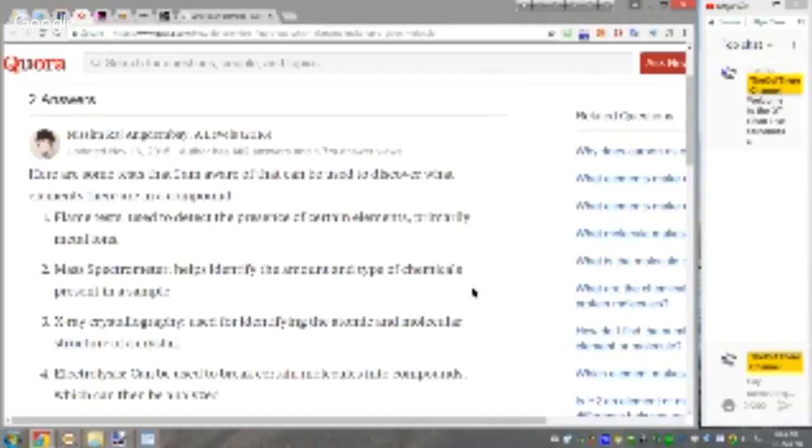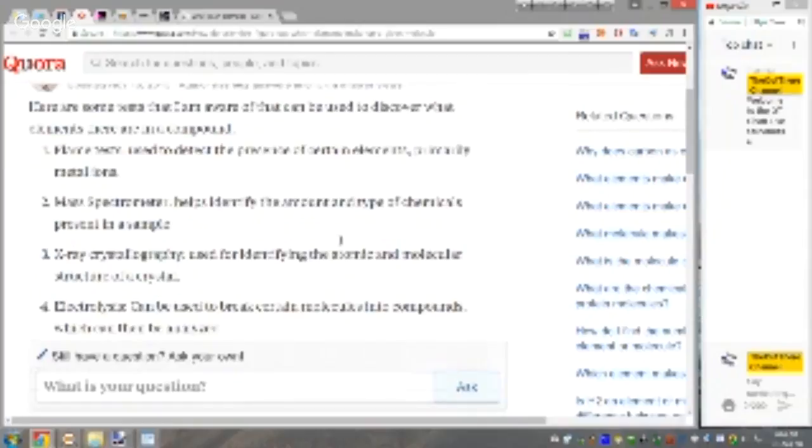And you've probably heard that one the most on UFO shows, where they get an alien implant and stick it under that process. X-ray crystallography, used for identifying the atomic and molecular structure of a crystal.